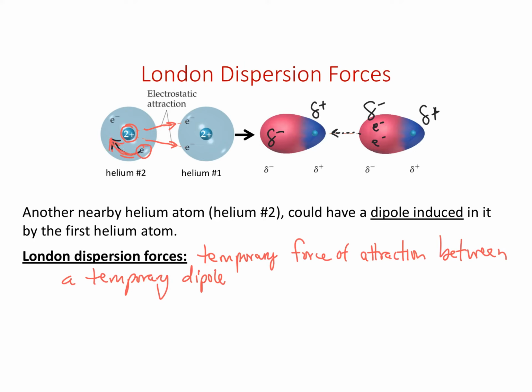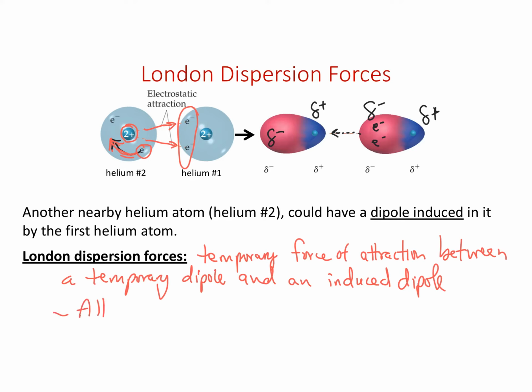That temporarily causes a dipole, and that's going to induce a dipole on the second molecule. It's going to pull those electrons to one side of the other molecule, causing that temporary interaction. So the induced dipole is the dipole that's set into place by the initial temporary dipole.